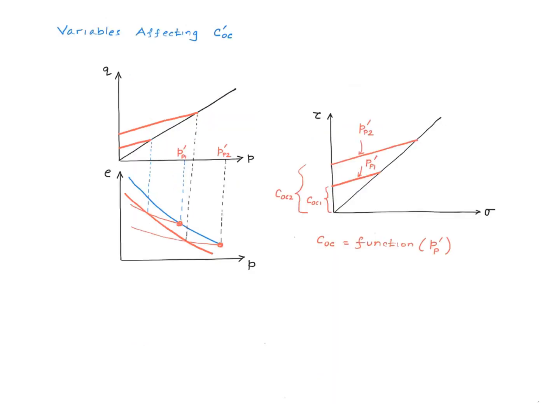An important point has to do with the variable controlling the cohesion of overconsolidated clays. So I have this graphic here to explain that. Say I did one set of tests with this pre-consolidation pressure, p1 prime, and I got this failure line based on the peak failure stresses.